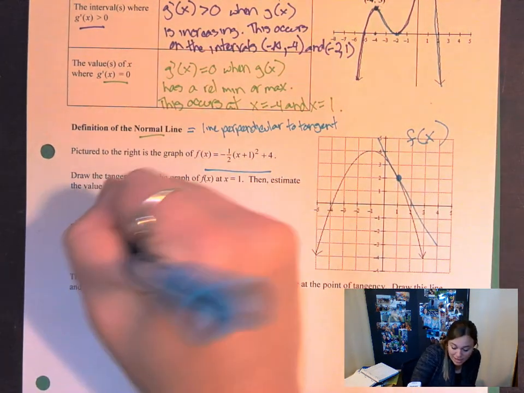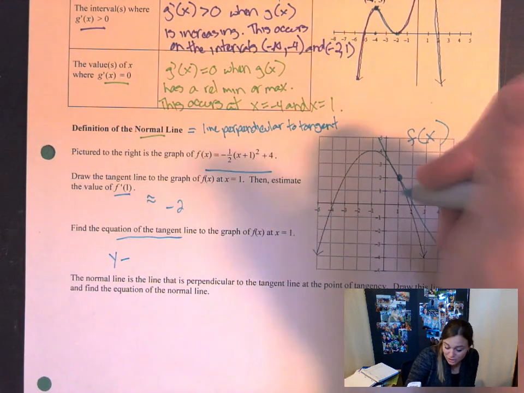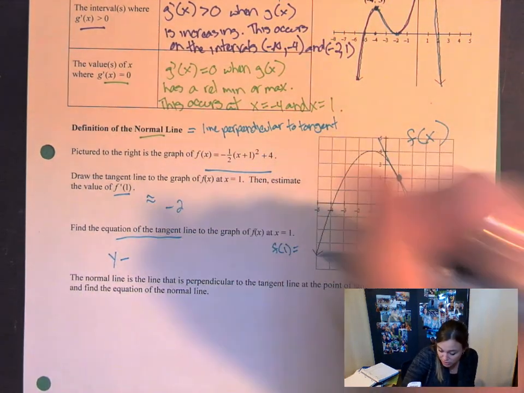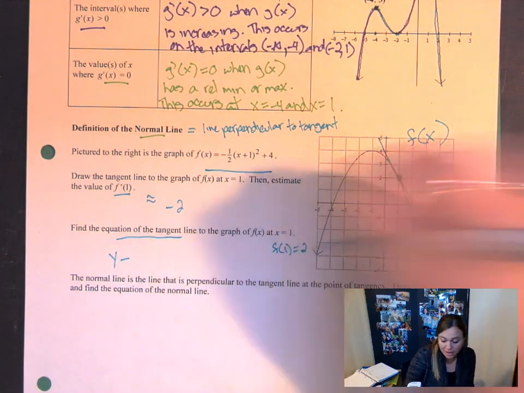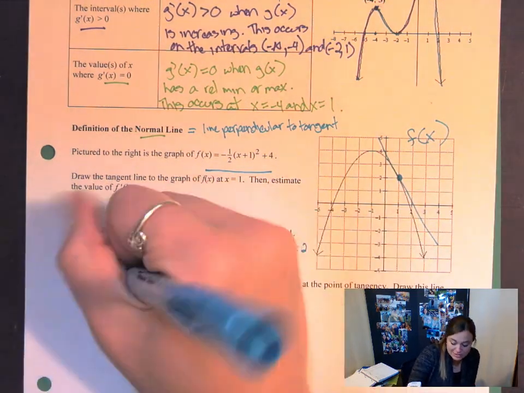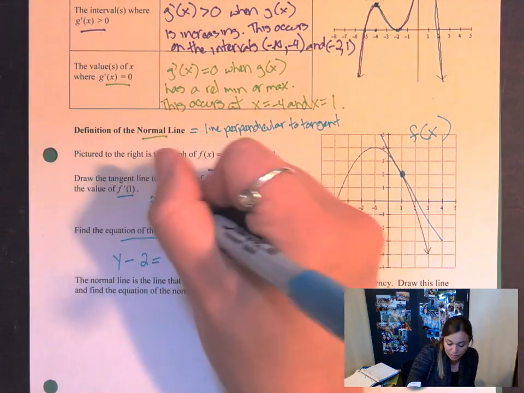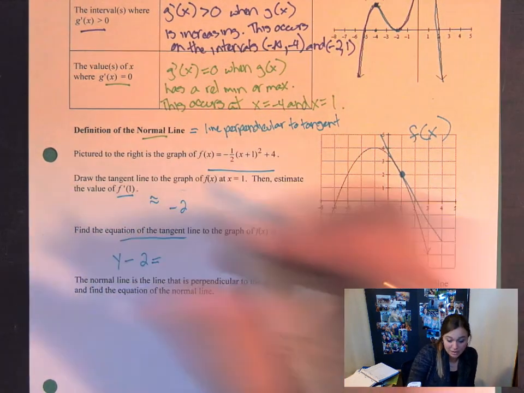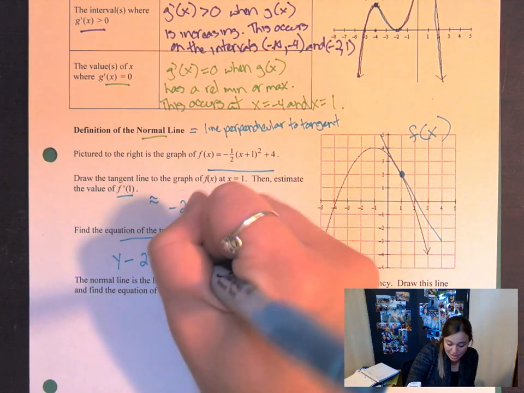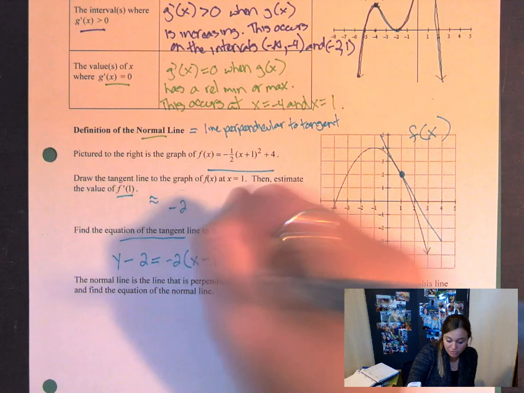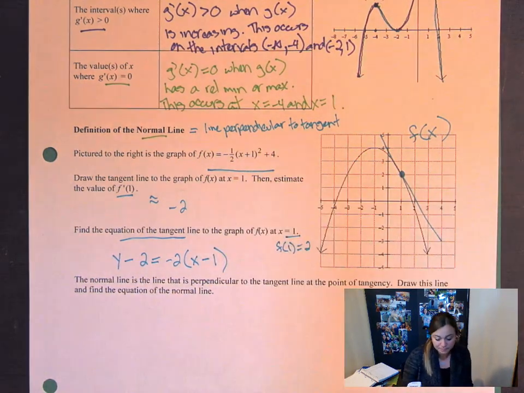So I'm going to say y minus the point that I'm talking about here, f of 1 is 2. So y minus y1 would be y minus 2 is equal to m, my slope of my tangent line was -2, times x minus x1. So that would be my value of 1 because it said x equals 1.